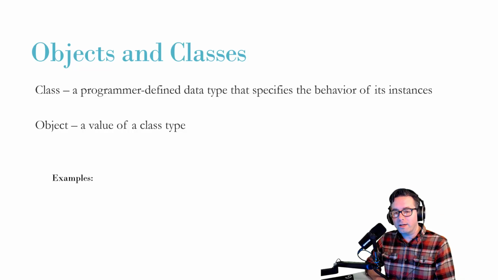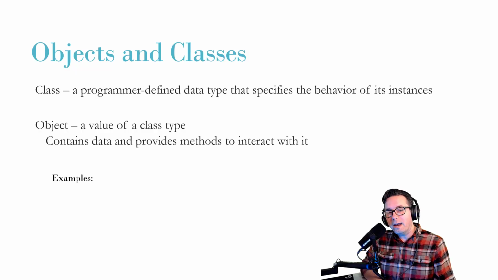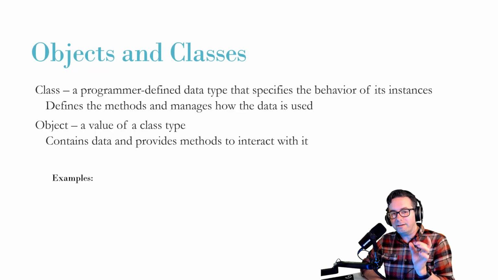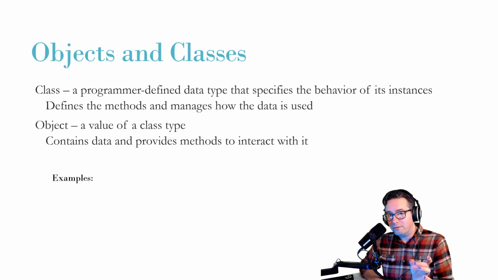So let's first think about what an object is. An object contains data and provides methods to interact with it. A class is something that's been created that defines the methods and manages how the data is used, right? Later you can create these. If you think about it, we're creating programs, and that's its own public class.